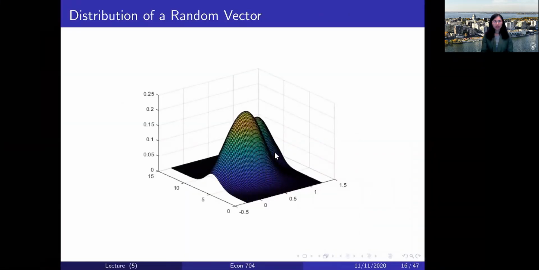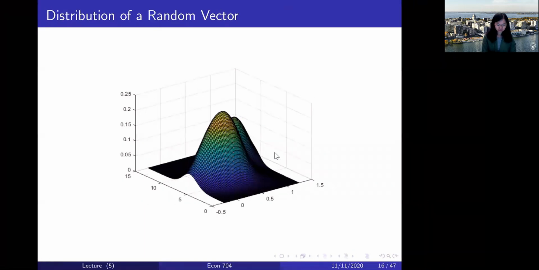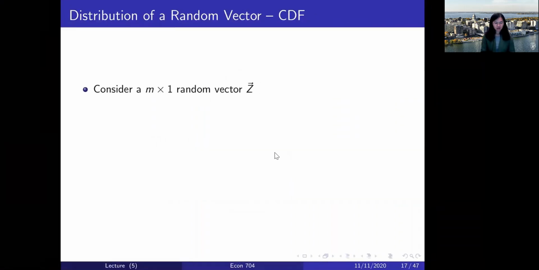First, let's talk about distribution of a random vector. Consider a random vector of length m. So this is a column vector of random variables. And this vector is made up of these m random variables.